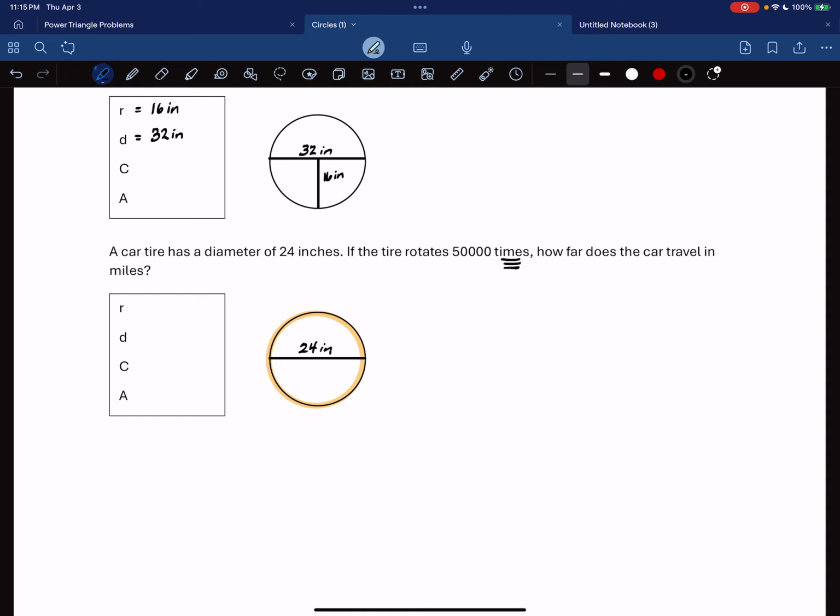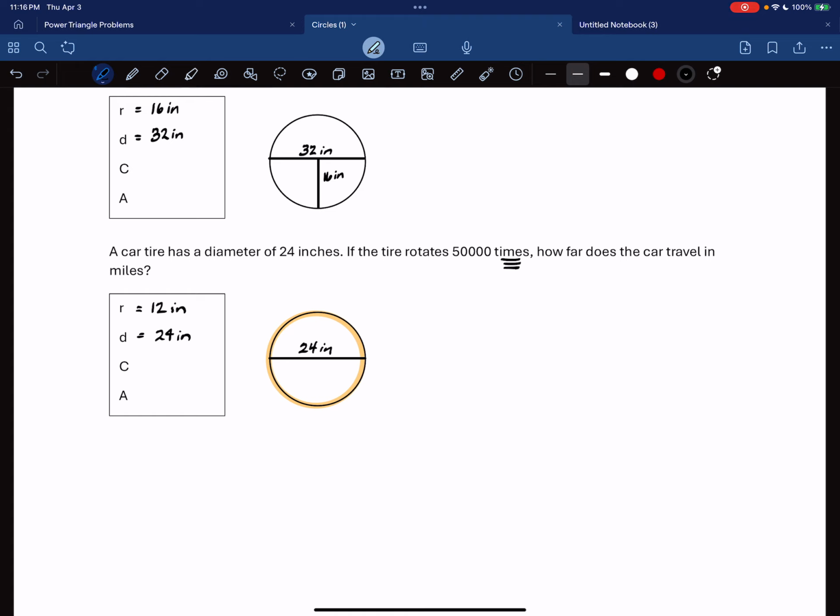So there's a big clue here, a big red flag. The diameter is in terms of inches. I can tell you that the radius will be 12. But the answer we're looking for needs to be in terms of miles. So this is a multi-step problem.